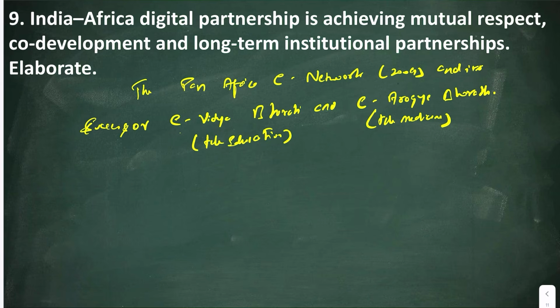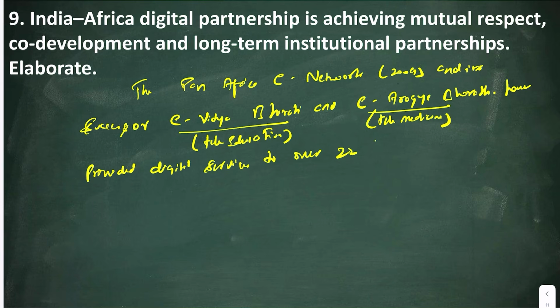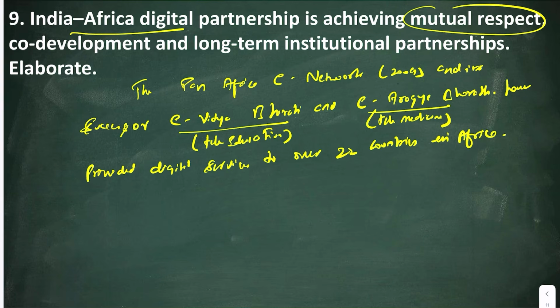Okay, so e-Vidya Bharati and e-Arogya Bharati have provided digital services to over 22 countries in Africa. Okay, so this is India-Africa partnership with respect to mutual respect. We are not donors, we are partners in development. That is the mutual respect.